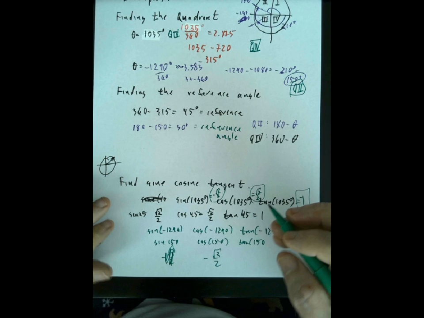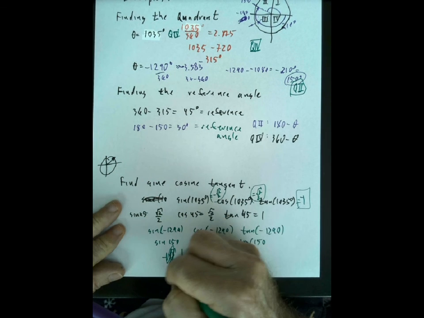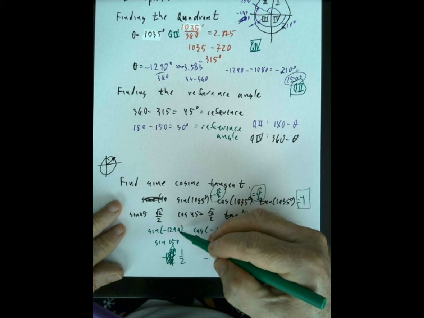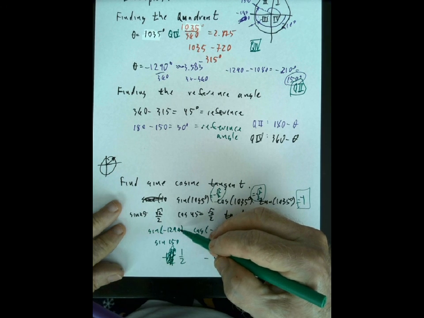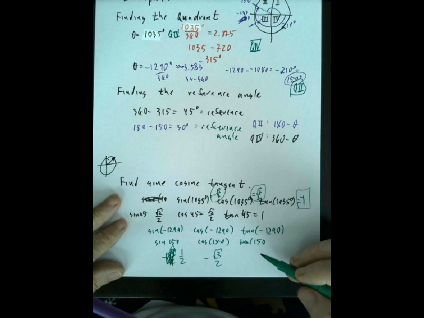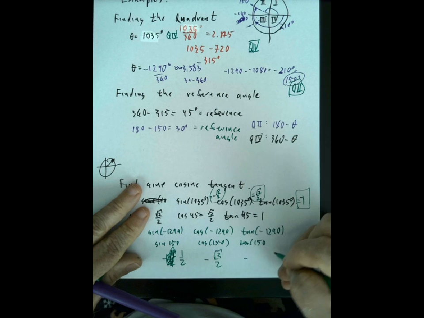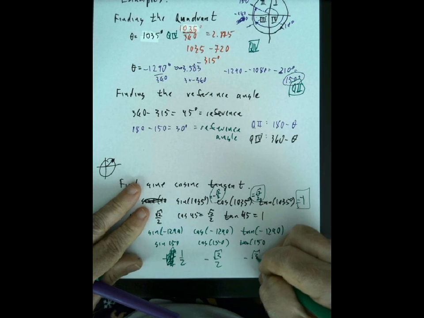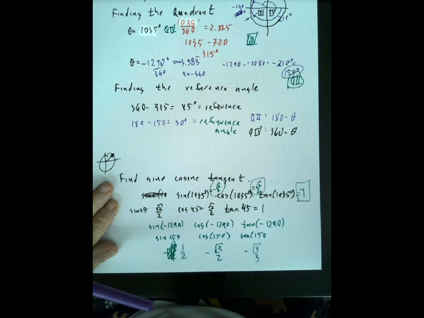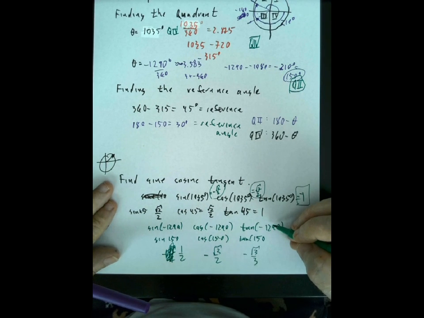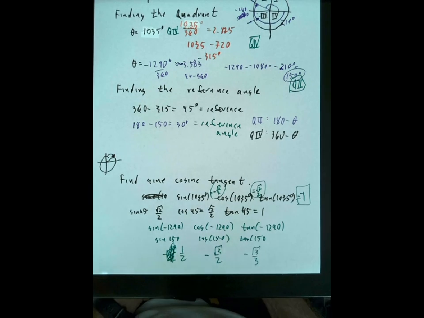The sine is 1/2. Since the sine of 150 is 1/2, the sine of negative 1290 is 1/2. And then the tangent of 150 is negative rad 3 over 3. And so the tangent of negative 1290 is negative rad 3 over 3. Okay? So that's how that goes.